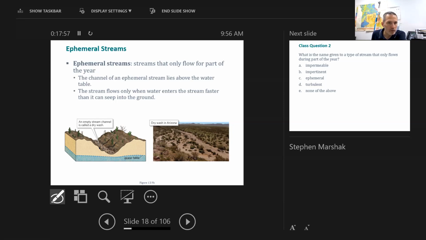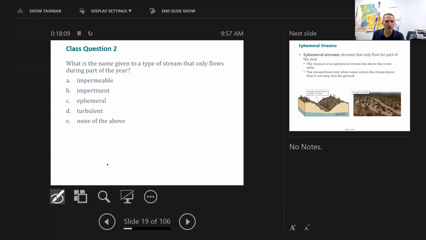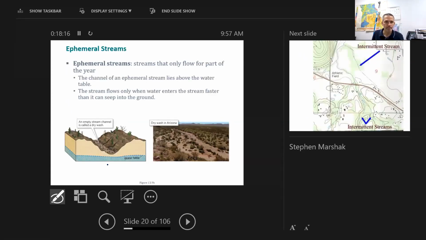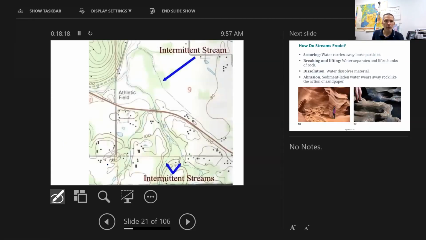The water will go into these regions, and sometimes these ephemeral streams are called losing streams because the water goes from the river into the ground. So an ephemeral stream is a stream that is only formed during part of the year. Sometimes these are also called intermittent streams because it depends on the time of year.